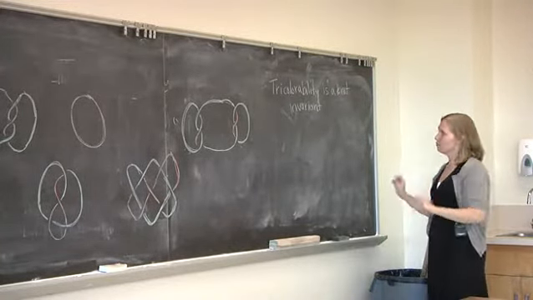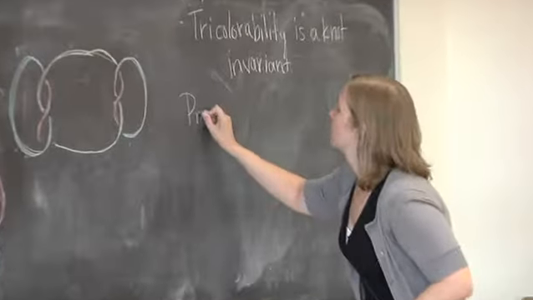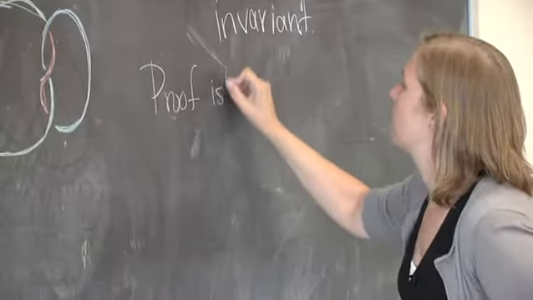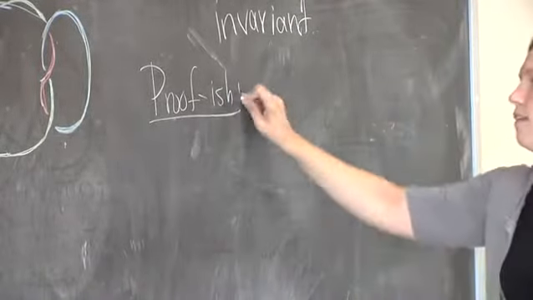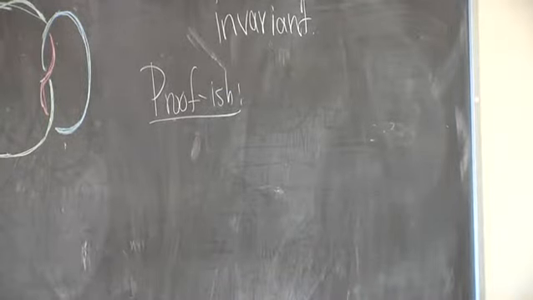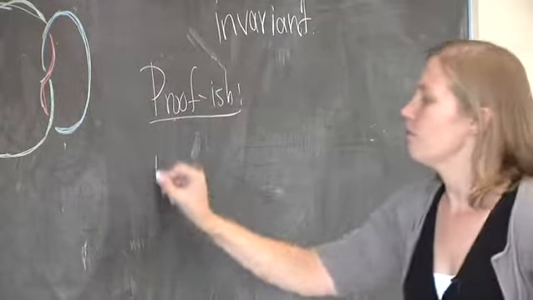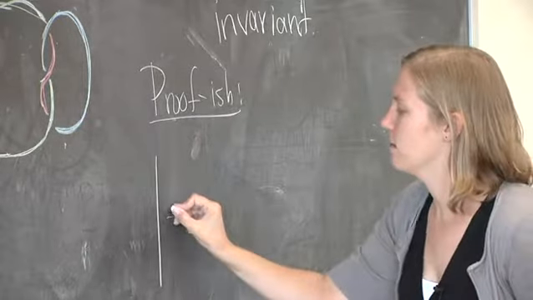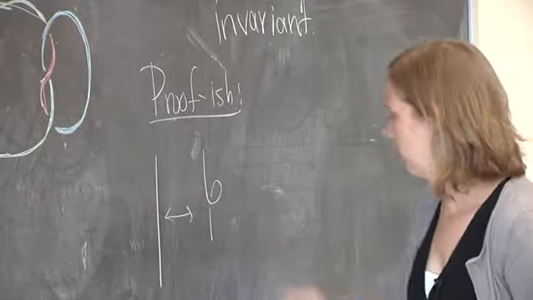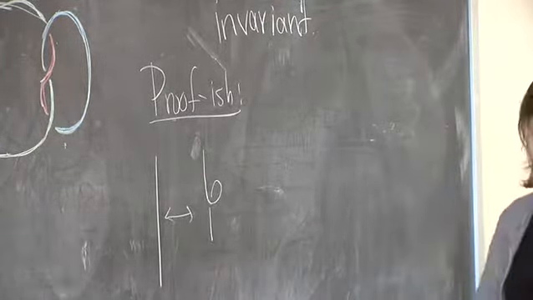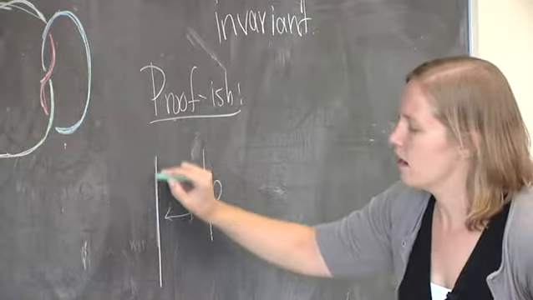Okay, so let's prove this. This is most of a proof. It's proofish. So the first Reidemeister move we said was this. I'm going to pick green, say, and I have a bit of a knot.